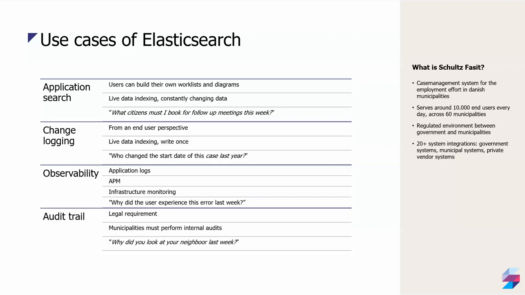Being the employment sector, there's a lot of sensitive information around citizens, so they need to be able to ask their own employees, why did you look at your neighbor last week? That's a bit strange. Could you please explain that to me? And this can be the cause for punishment.